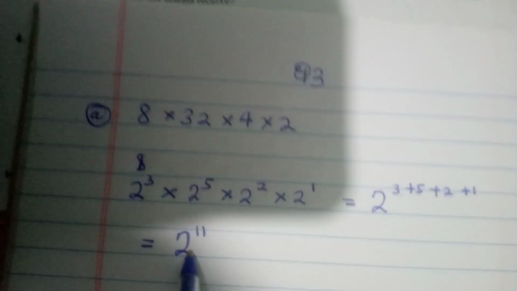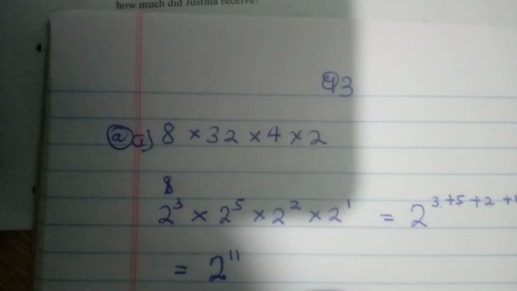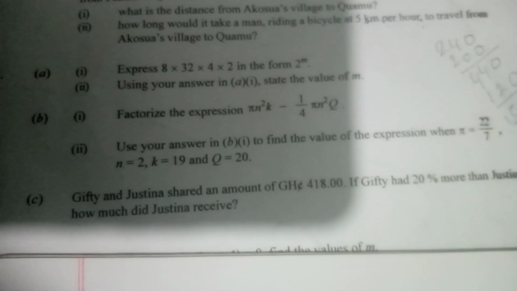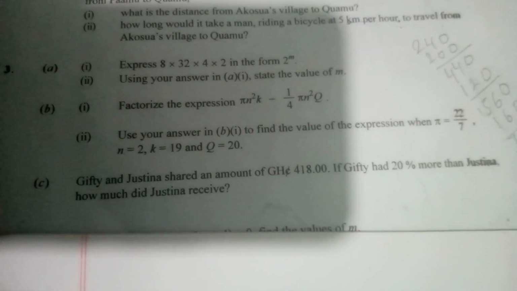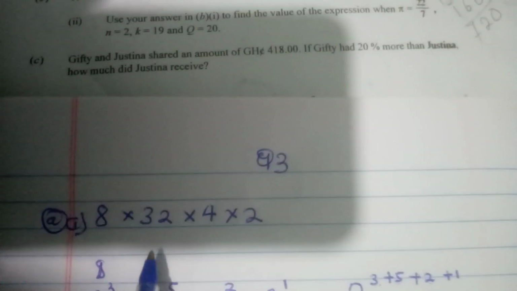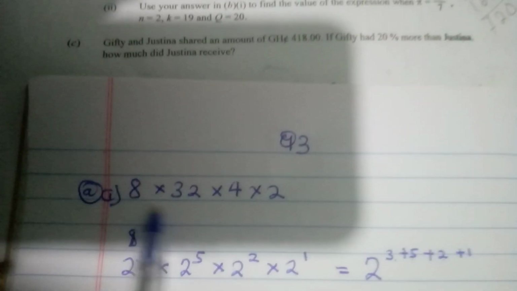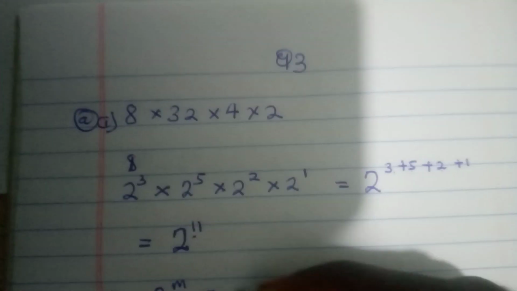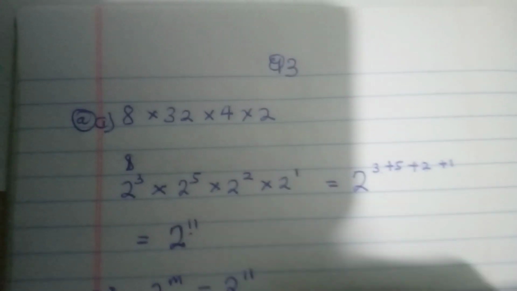Now that you've expressed it in the form 2 raised to the power m, part ii says that, using your answer in part i, state the value of m. We expressed this in the form 2 raised to the power m as 2 raised to the power 11.